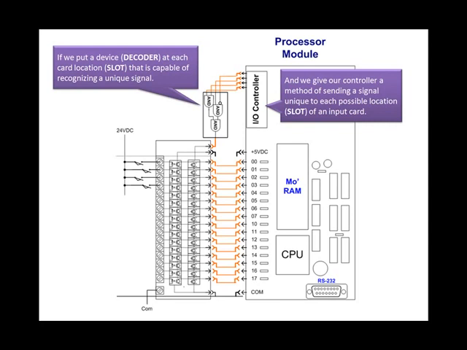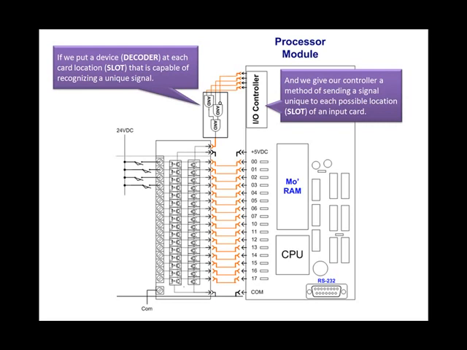If we put this decoder at each card location or slot, in other words, if we have more than one of these input circuit cards and all of them are attached to those 16 orange conductors that feed into the controller, and each decoder is designed to respond to a unique combination of high and low signals on the 4 conductors that are connected to all of the decoders, then each decoder is capable of recognizing a unique signal.